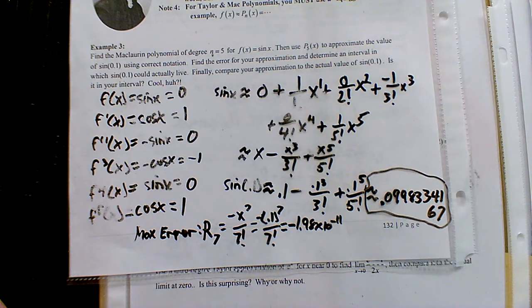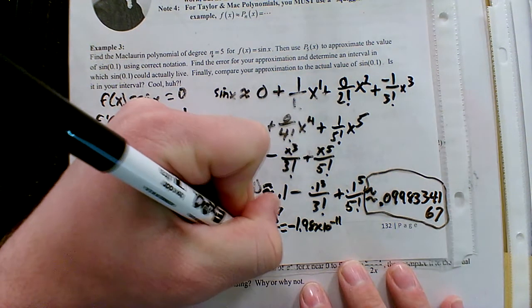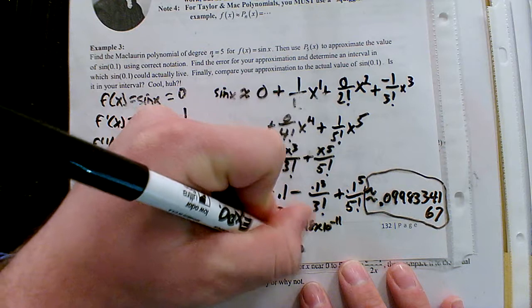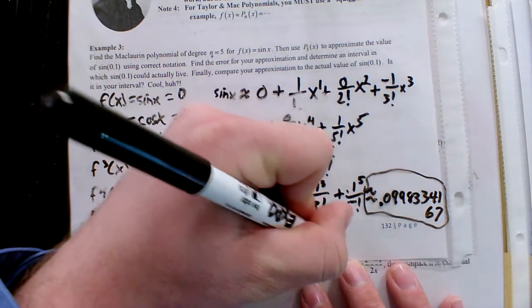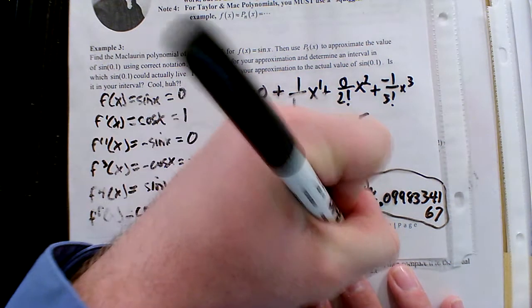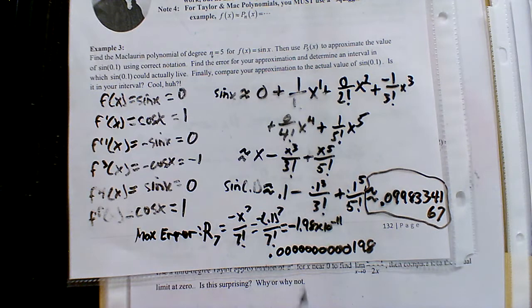So in other words, if we write that all out, we would have 1, 2, 3, 4, 5, 6, 7, 8, 9, 10 zeros, then 198. So that is the value of the 7th term. 10 zeros there and then 198.